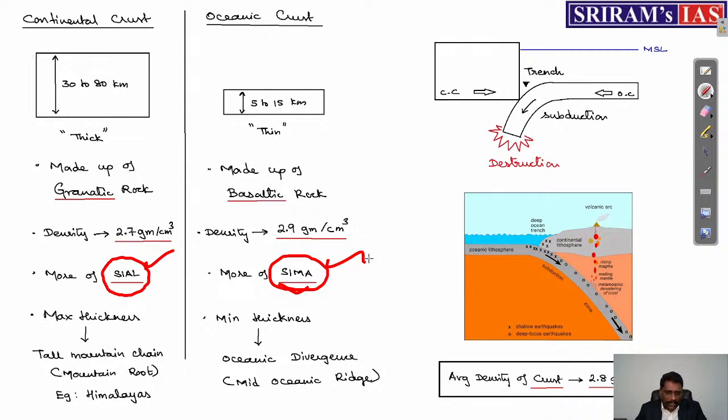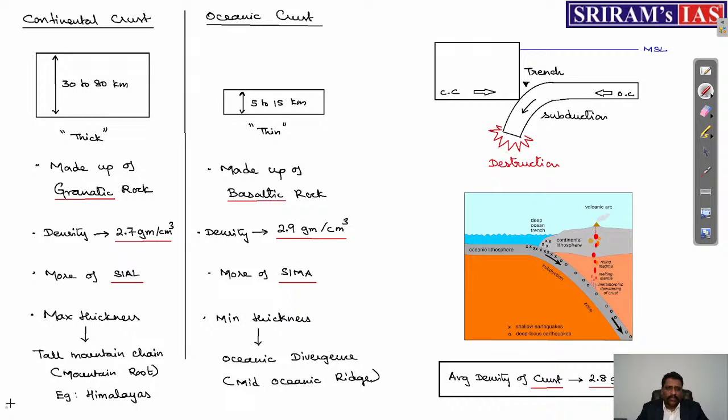So whatever today we have in the name of ocean floor is created by the solidification of magma, which has ultimately come from the mantle. Mantle is more of Sima, silicon and magnesium. That's the reason oceanic crust, we call them Sima. And that's the same reason why this oceanic crust is also heavier, denser. Fine, my dear friends.